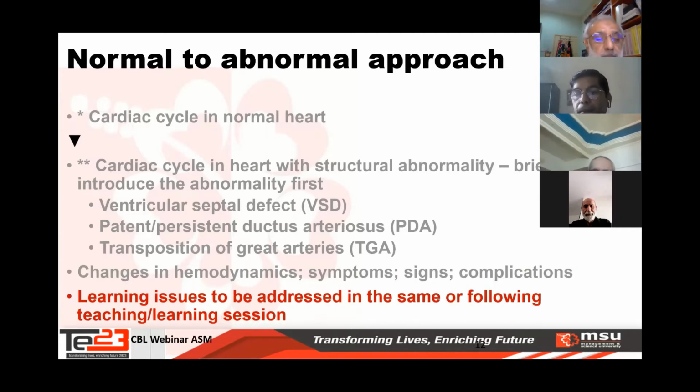And so learning issues are addressed in the same session. Again, practically there is no homework in CBL. All the learning issues or questions which arise during the session are addressed there and then.